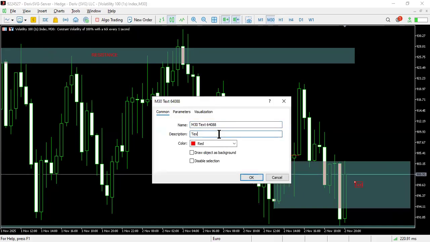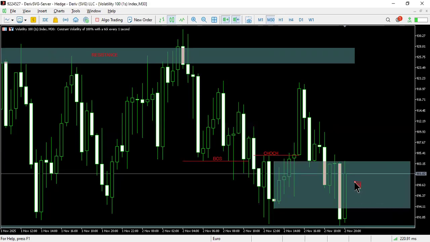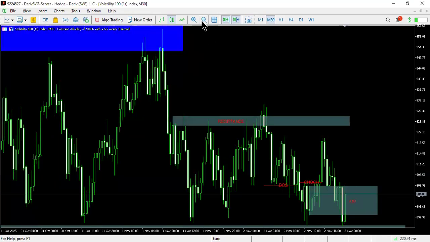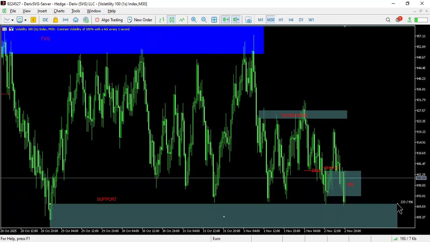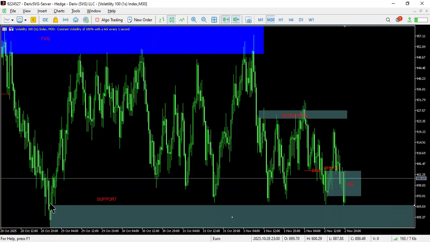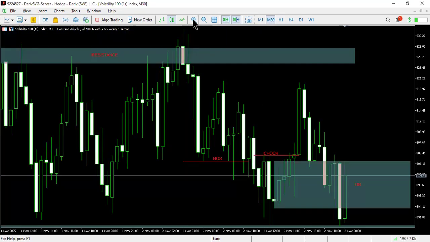It's possible price might push up from here, or that order block will fail and the price will break this support. So it's just a matter of waiting to see what price is going to do, and then we'll know our next line of action.